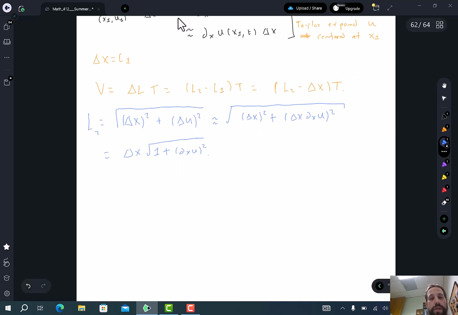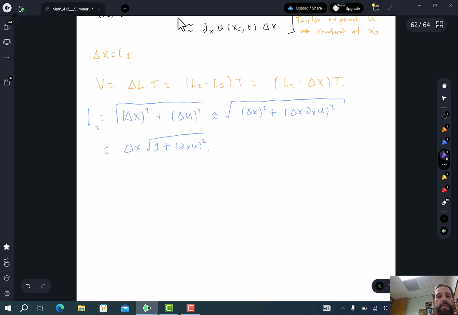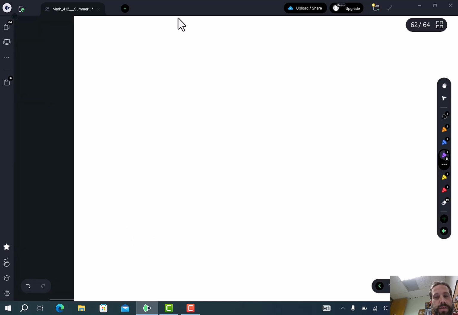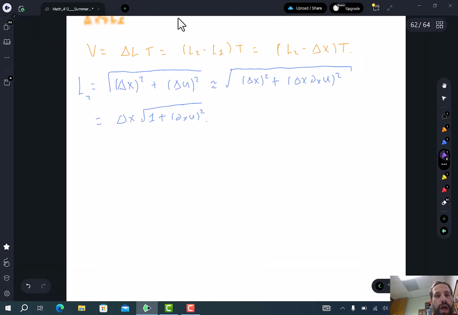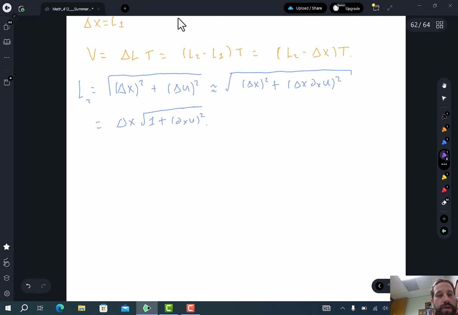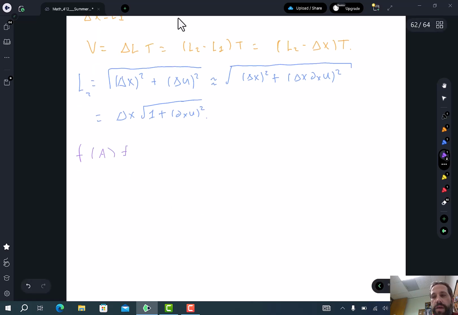Now I want some way to approximate this blue square root. I'm going to consider the function f of a, where a will be my variable because I'm using x up there. So f of a is equal to the square root of 1 plus a.